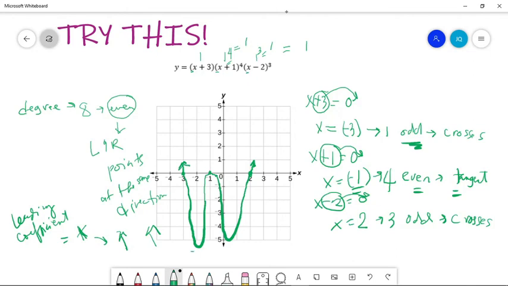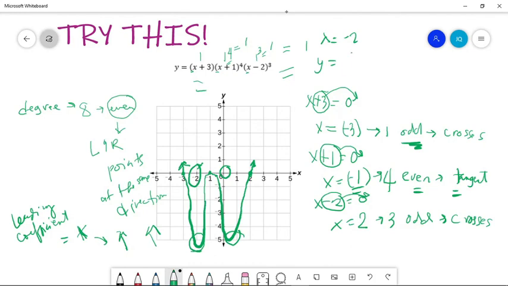If you want to know what the point is here and here, all you need to do is substitute the values in between. For example, if x is equal to negative 2, what is the value of y?